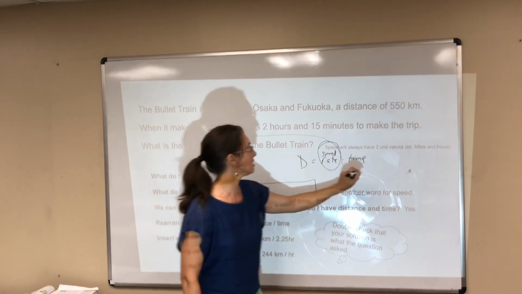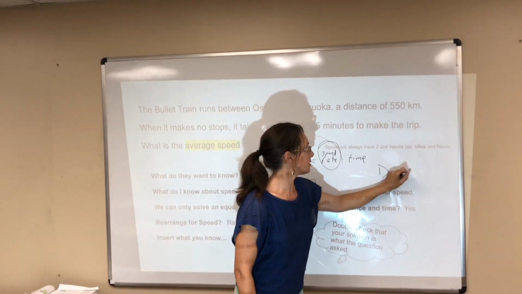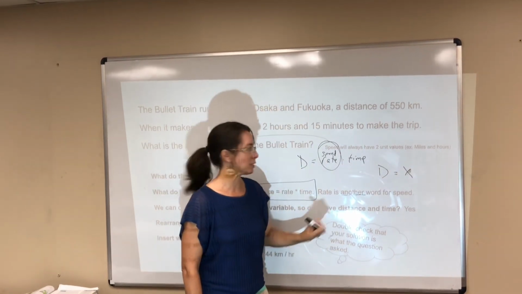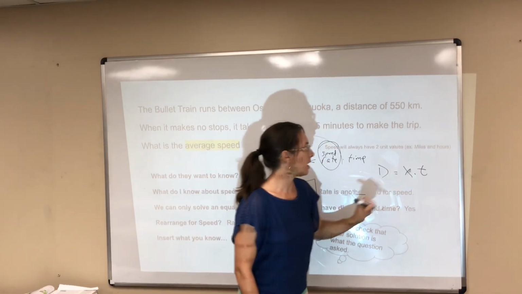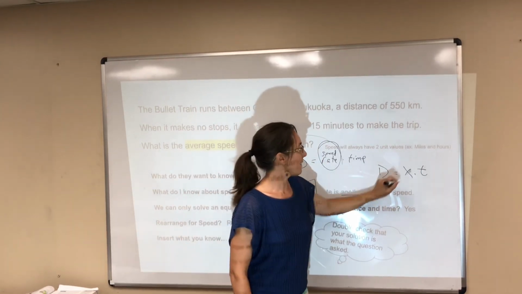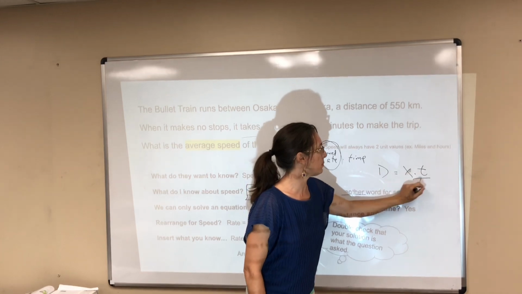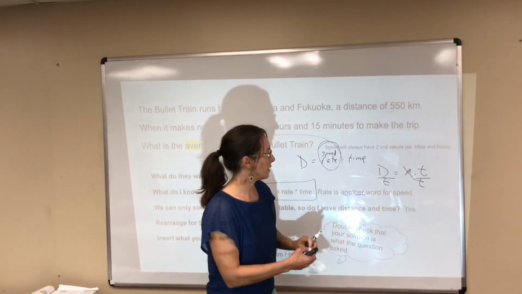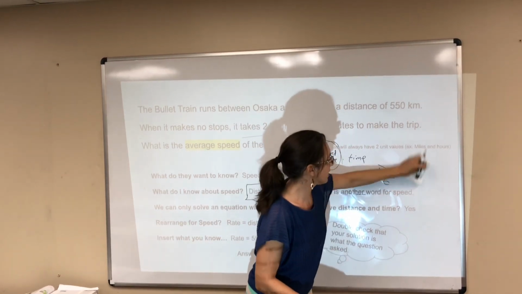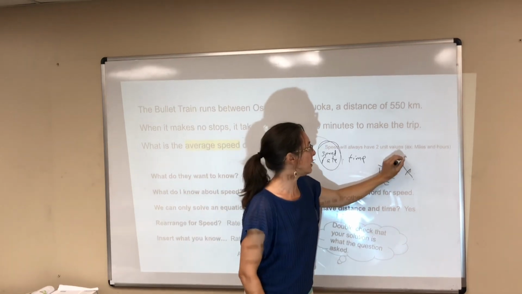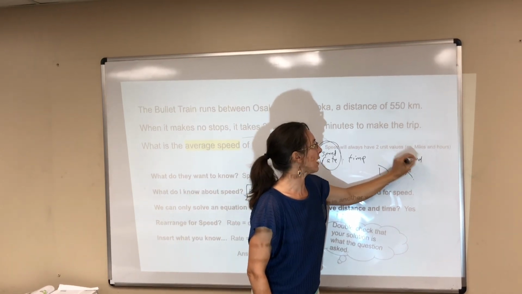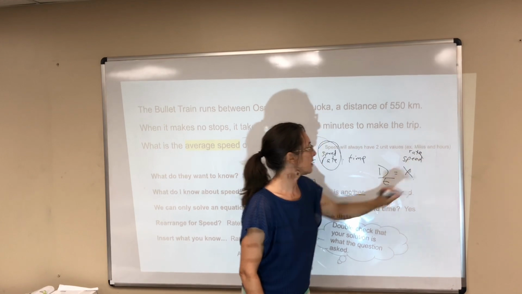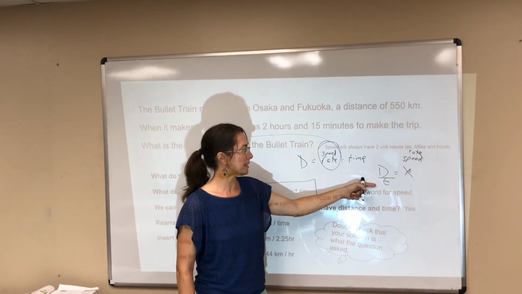So if I change this to be an x, distance equals x, that's what I don't know, what I want. Speed times time. To be distance divided by time, I divide both sides by time. This goes away. And I have speed, or my rate, is equal to distance divided by time.